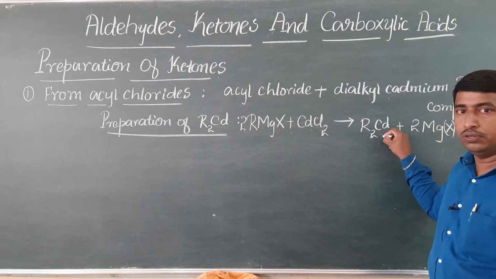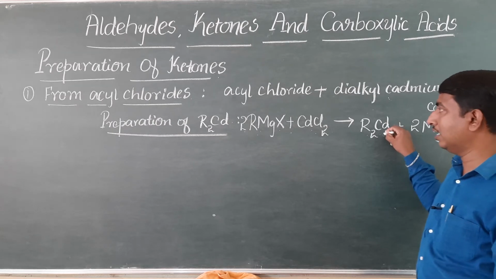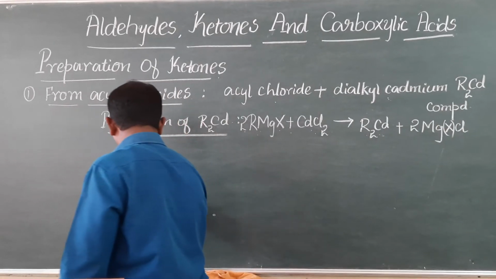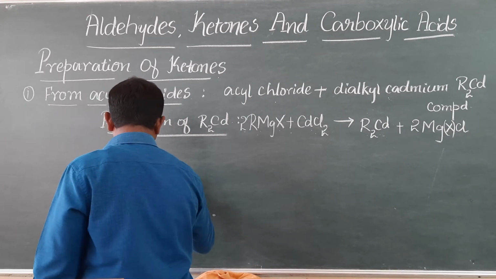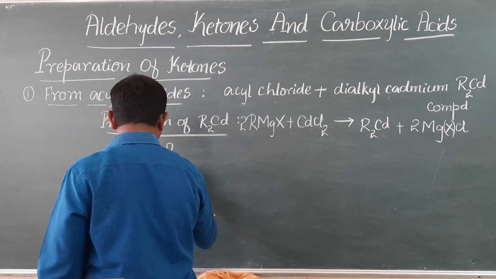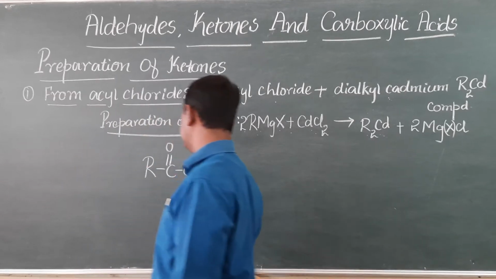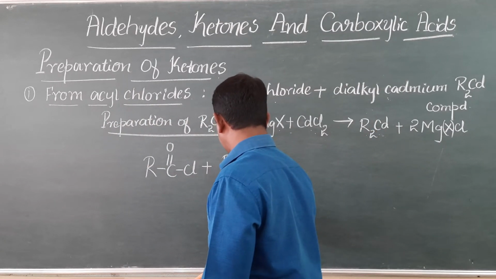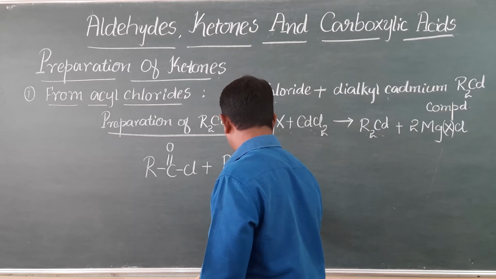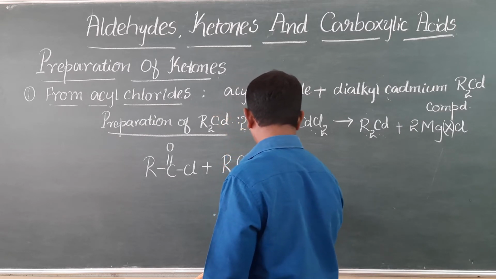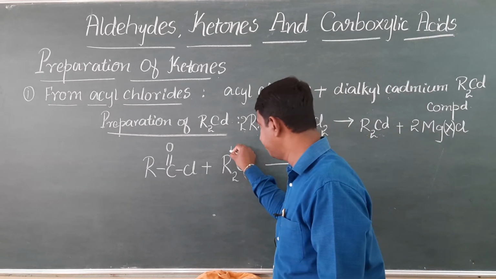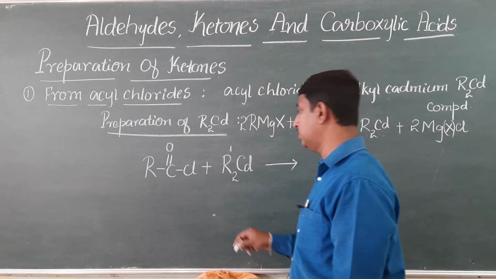Now, we are going to treat this dialkyl cadmium with acyl chloride. Formula of acyl chloride we know, it is RCOCl, treated with dialkyl cadmium. Formula of dialkyl cadmium, it is R2Cd, I will take it as R dash.